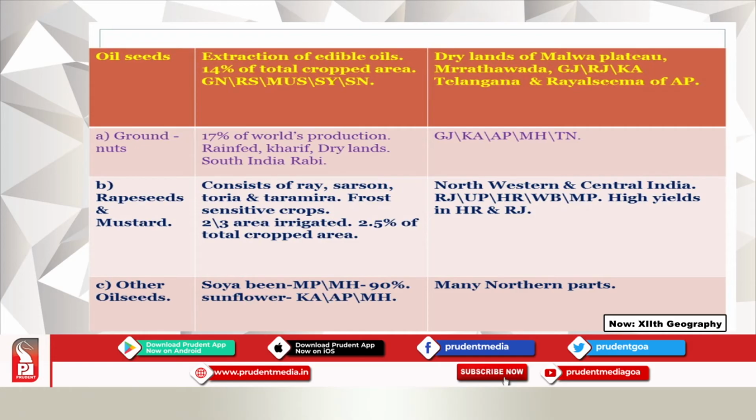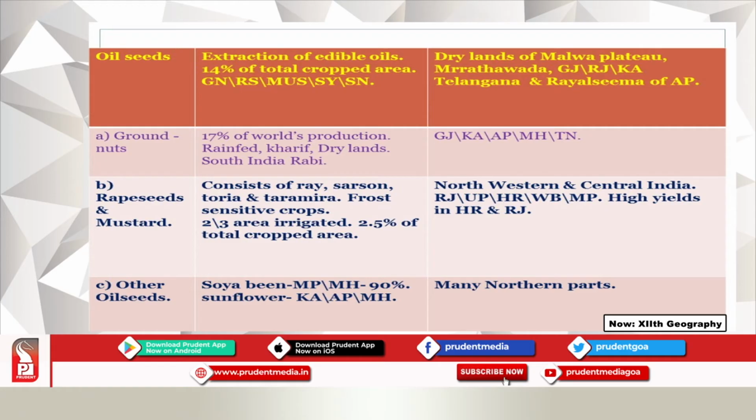In South, it is a rabi crop. Gujarat, Karnataka, Andhra Pradesh, Maharashtra, and Tamil Nadu are the major areas of groundnut cultivation. Next one is a combination of two oil seeds, rape seeds and mustard seeds.